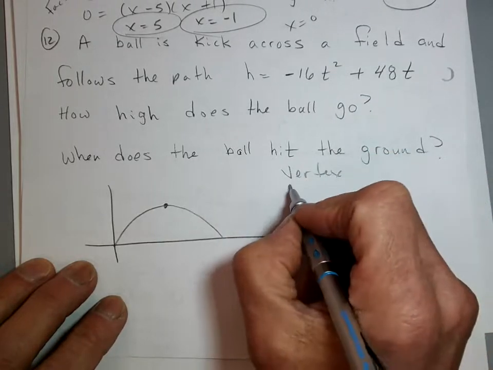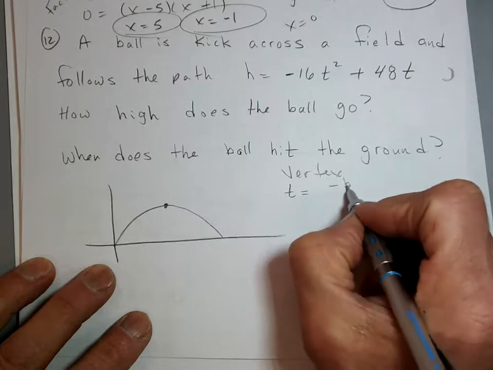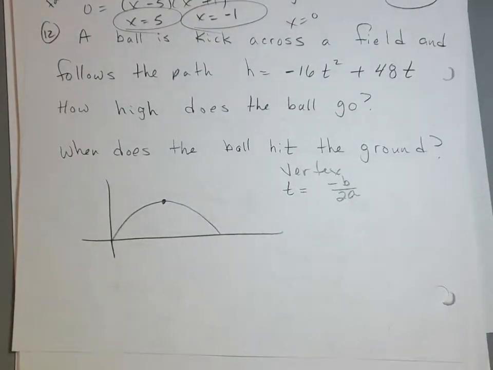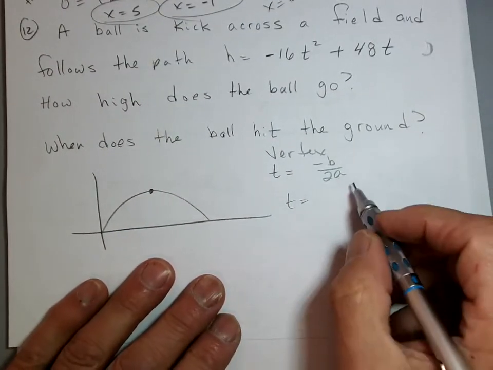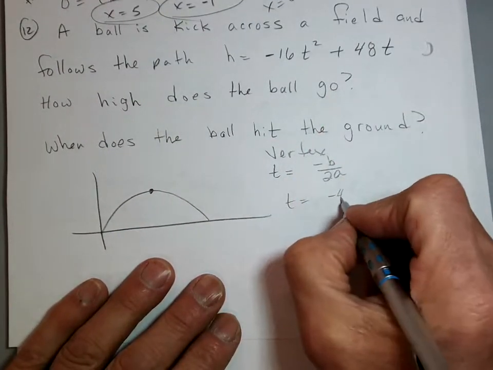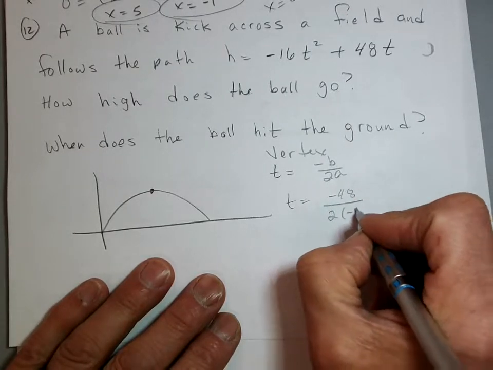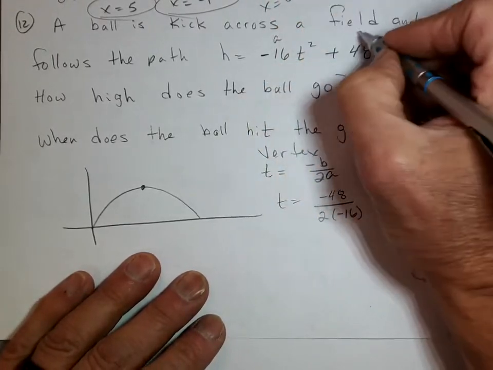Because it's time, t is equal to negative b over 2a, because that's my vertex formula. So t equals negative 48 over 2 times negative 16. There's my a and my b.